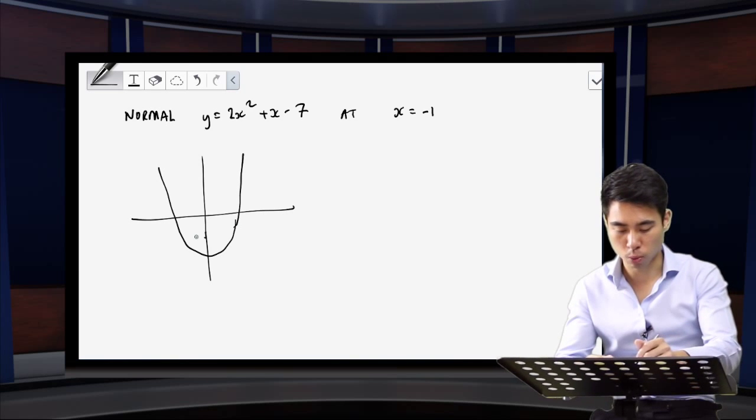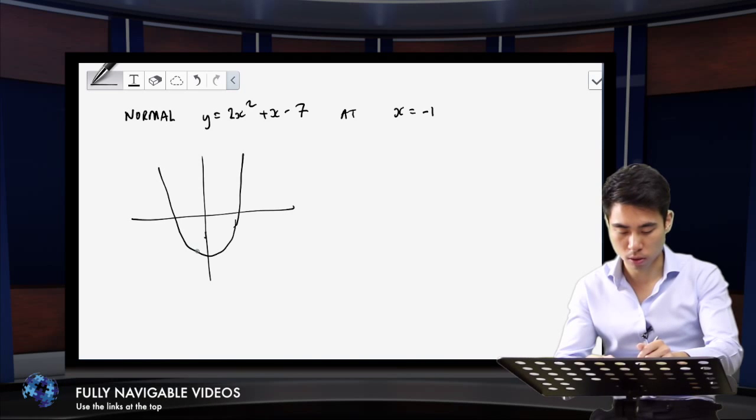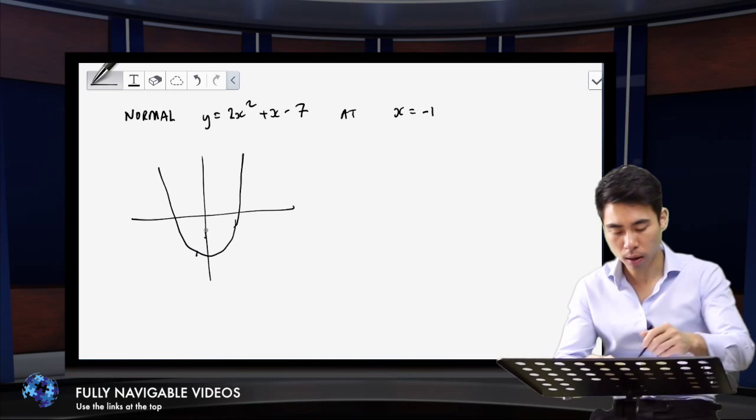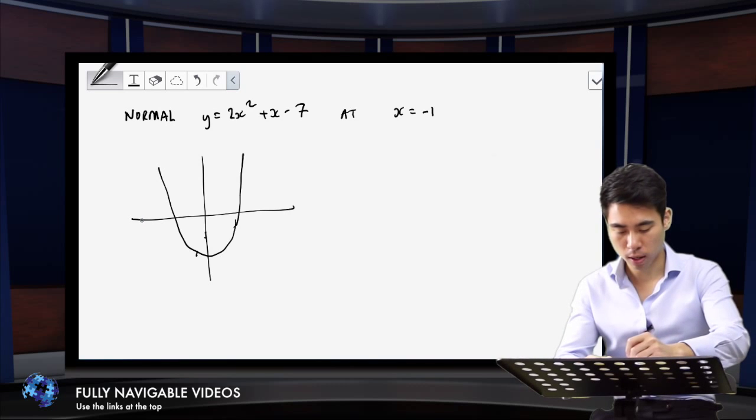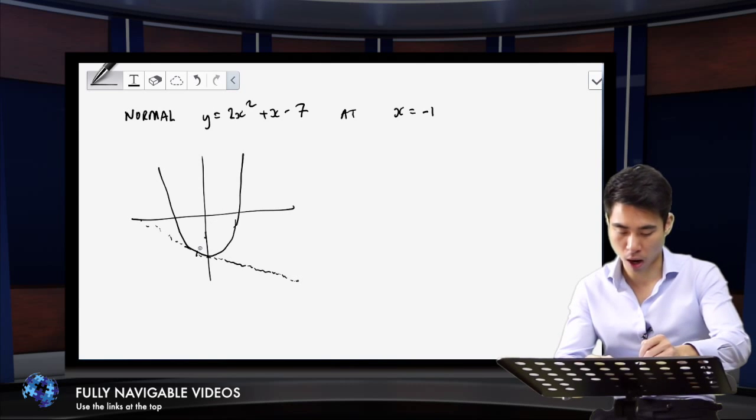At x equals -1, say x equals -1 looks about there. So if you're considering the tangent to the curve, it's clearly going to look something like this. Excuse my juddery hand. Whereas the normal to the curve is going to be perpendicular to that line, and it's going to look something like this.